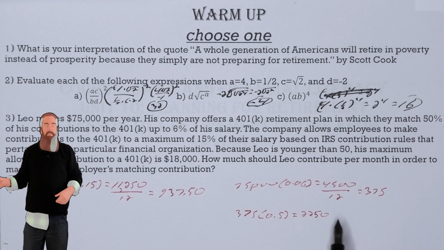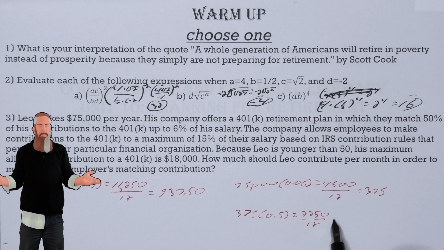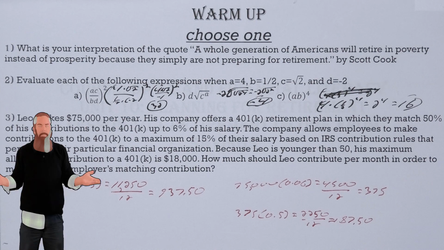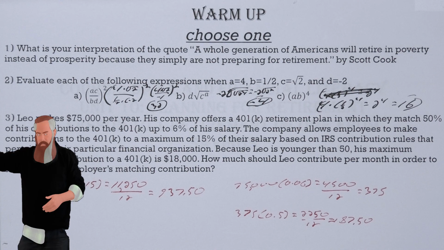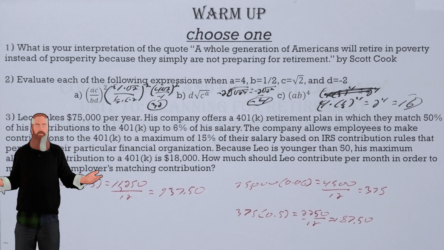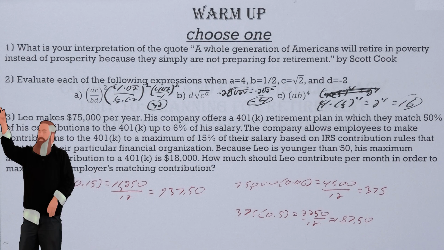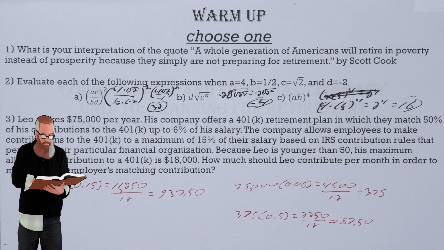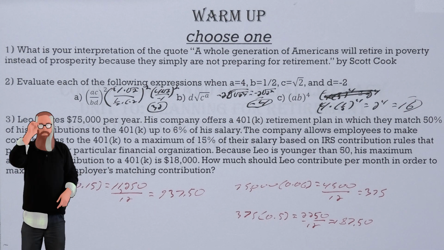Now, his employer will be matching contributions of 3%, which is 50% of his contribution. So $375 times 50%, or 0.5, is $187.50.